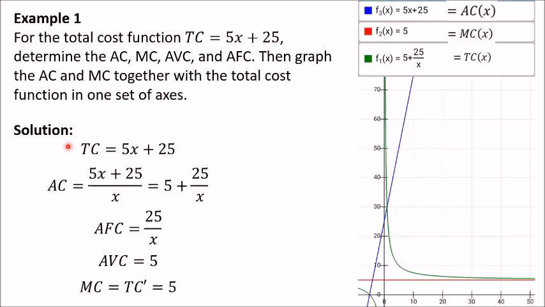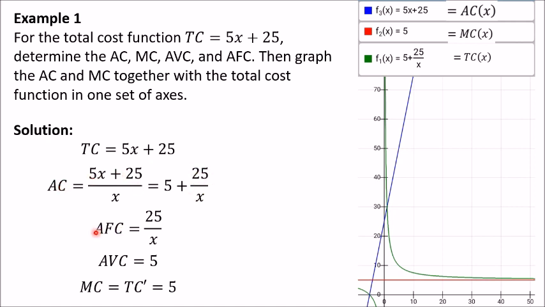So solution, we will start of course from the given total cost equals 5x plus 25. And then ang ating average cost dyan, based on the formula in the previous, i-divide lang natin itong total cost natin ng x. So 5x plus 25 divided by x equals, so divide lang bawat term. 5x divided by x is 5 plus 25 divided by x is just 25 over x. Ito yung ating average cost.